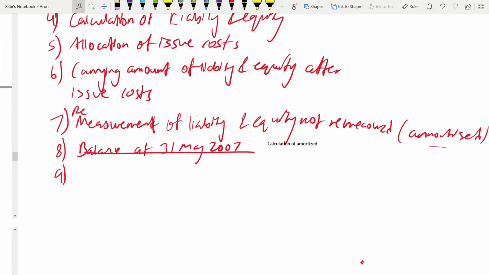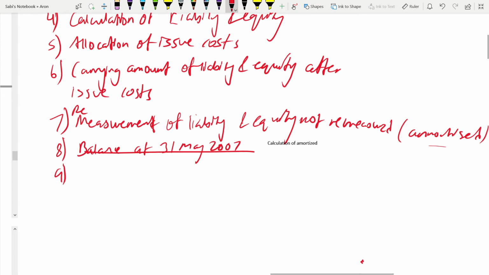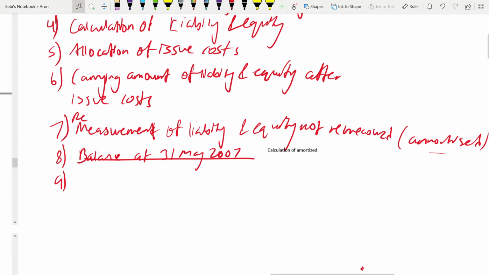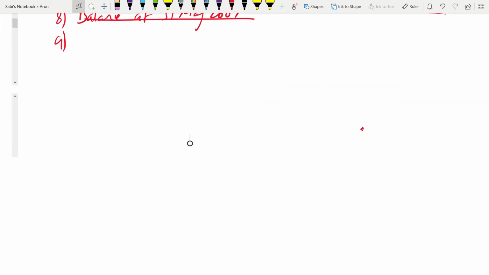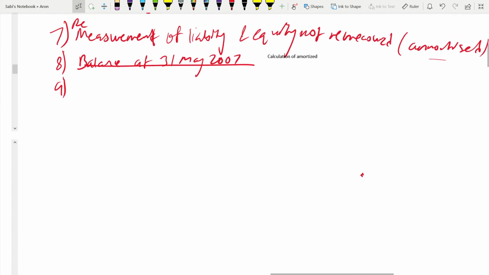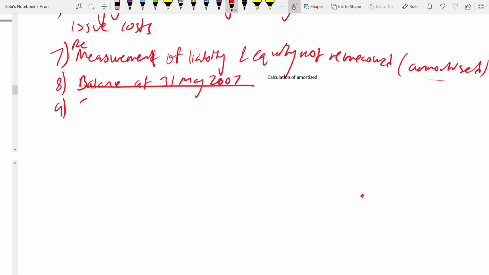Then the 31st May 2007 balance. See how the 9 marks are there.